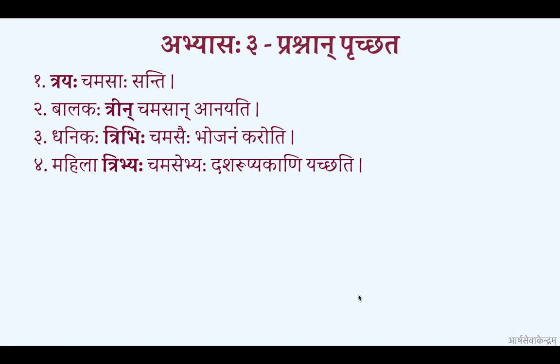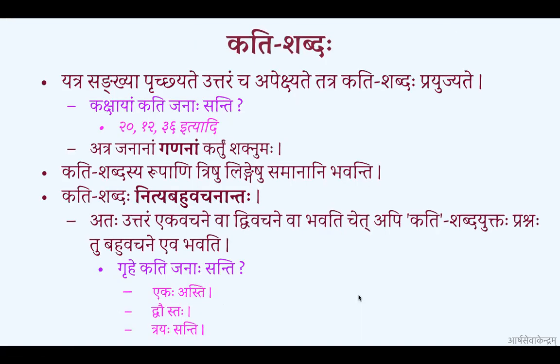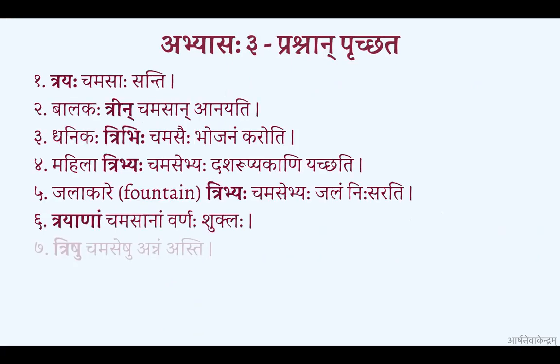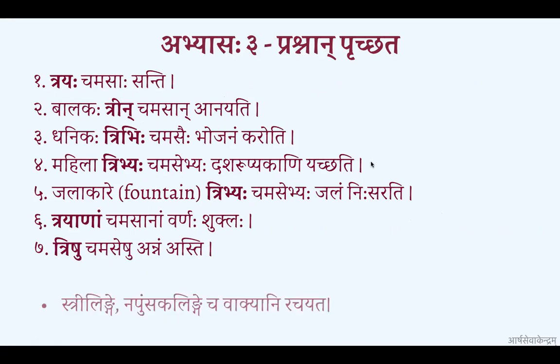Remember, we said here, Gruhe Kati Janaha Santi. The question will be in Santi. Answer could be in Asti or Santi. So Annam Asti, parantu Kati Chamaseshu Santi. In how many spoons? There the Katishu applies to Chamaseshu.